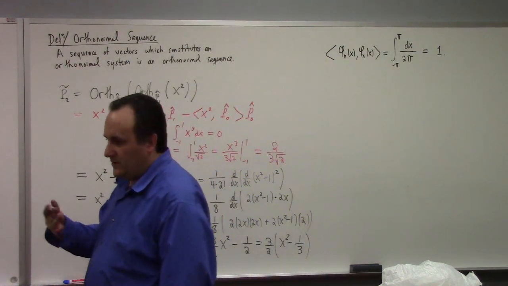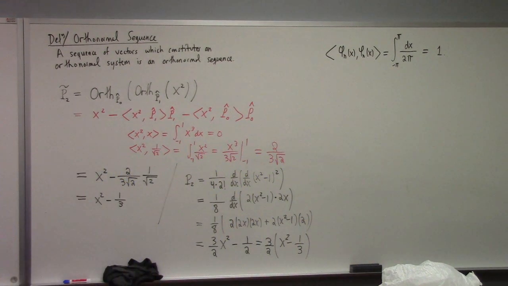The Legendre polynomials that are generated through this generating function, the dark magic that he begins the example with, are not the same exact polynomials that we generate through the application of Gram-Schmidt on the monomial basis. This is the monomial basis.